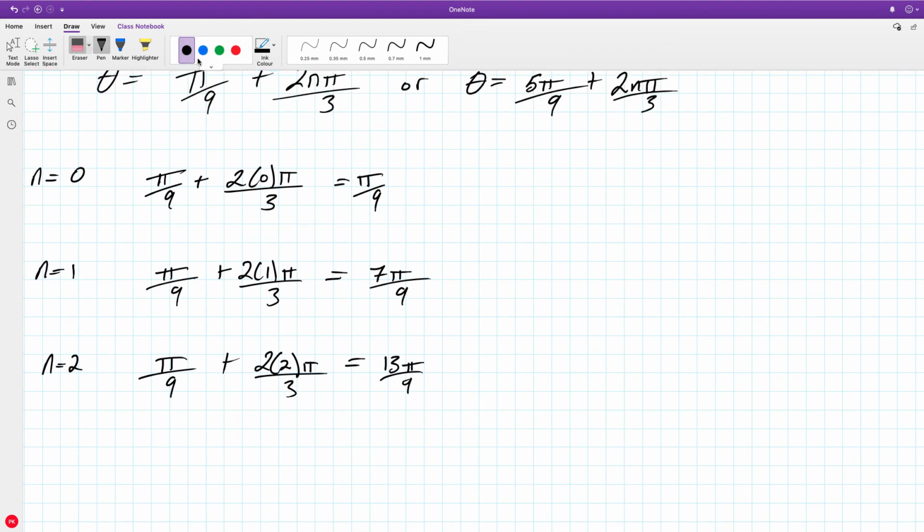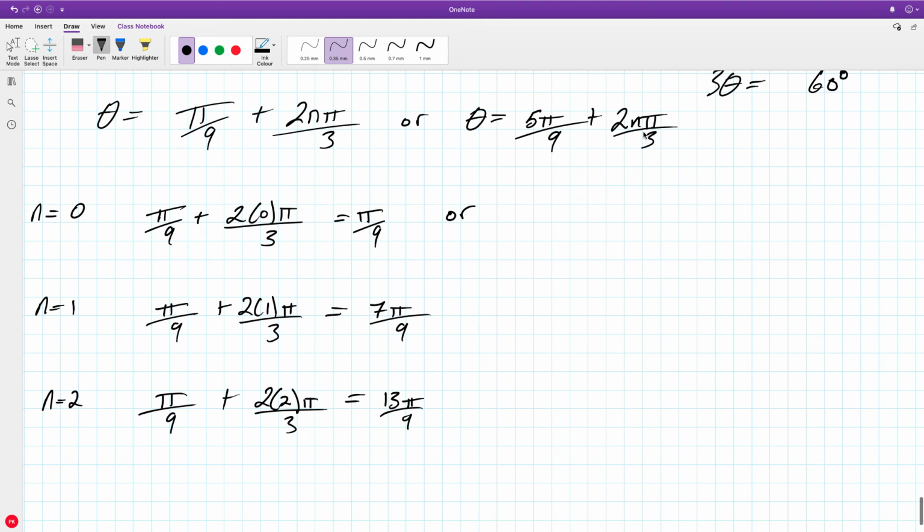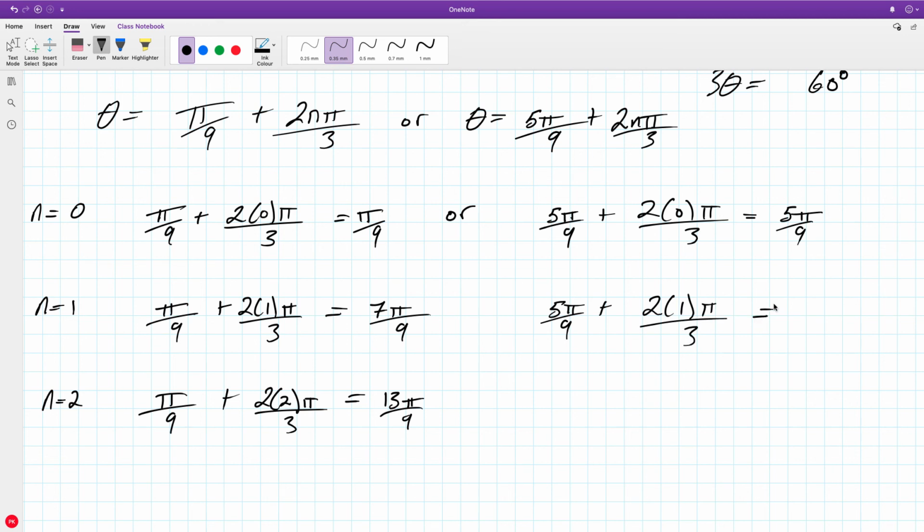And then you go back and do the exact same thing for 5 pi over 9 plus 2n pi over 3. So you go 5 pi over 9 plus 2 times 0 pi over 3. You get 5 pi over 9. Then 5 pi over 9 plus 2 times 1 pi over 3, which is 11 pi over 9.